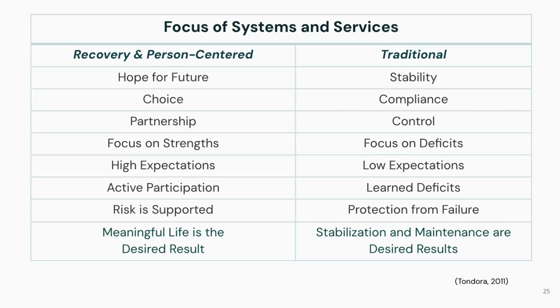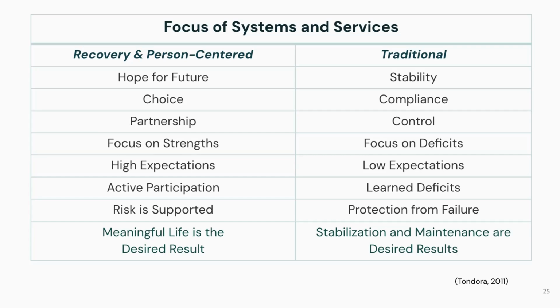On the left-hand side, what we're moving toward emphasizes hope for the future, choice, meaningful partnership, a focus on strengths, high expectations, the active participation of people in care, and the meaningful support of risk.